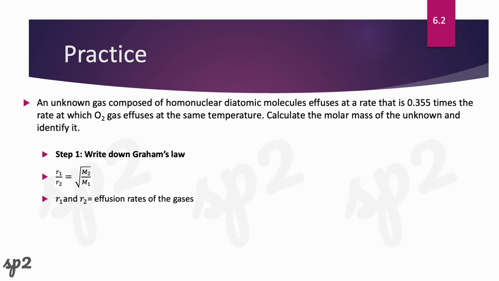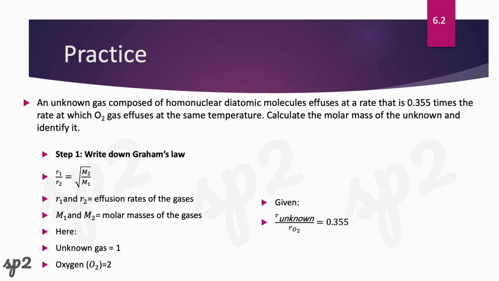Okay, so if you follow Graham's law, taking the ratio of M2 over M1, in this case the unknown is going to be M1 and M2 is going to be the oxygen gas. So we go by the rate of the unknown over the rate of the oxygen, which is equal to 0.355.